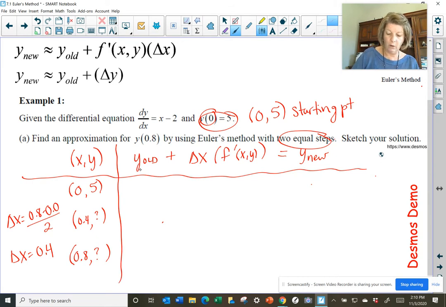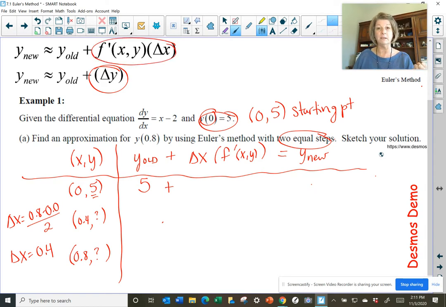So y old, I'm starting with 5. I'm going to add to that some change in y. That change in y is going to be calculated by going delta x times the derivative. So delta x is 0.4.